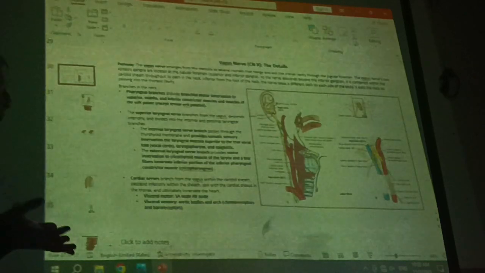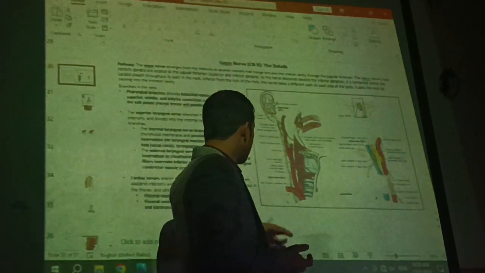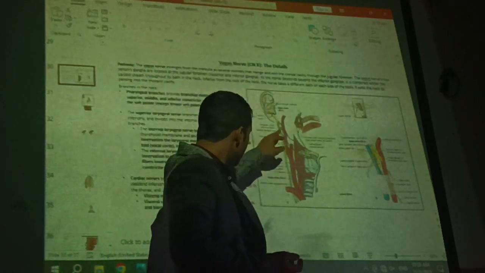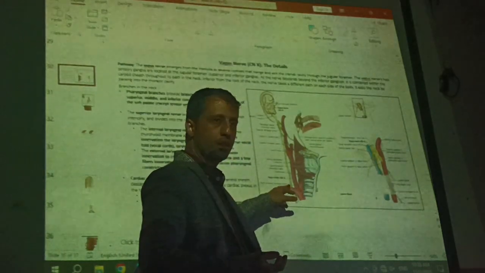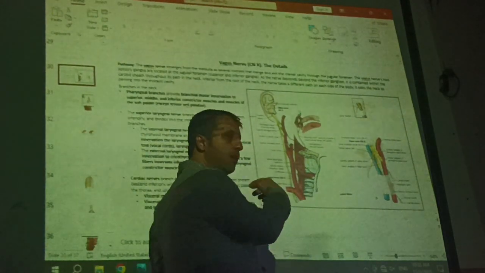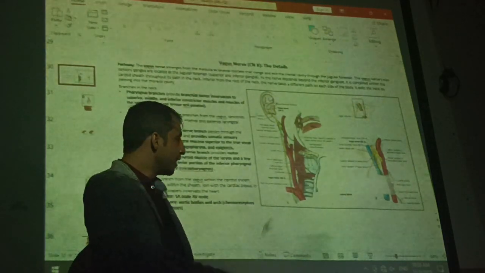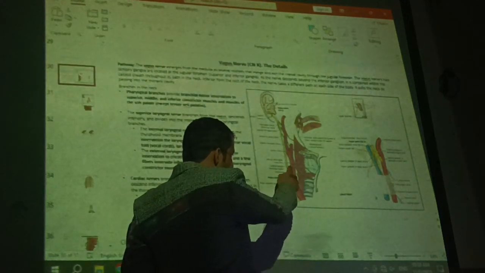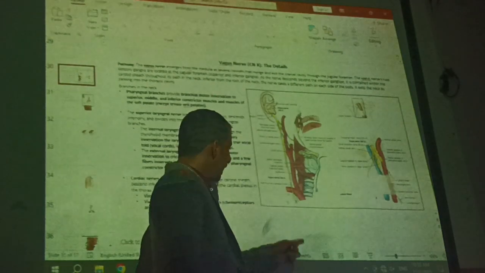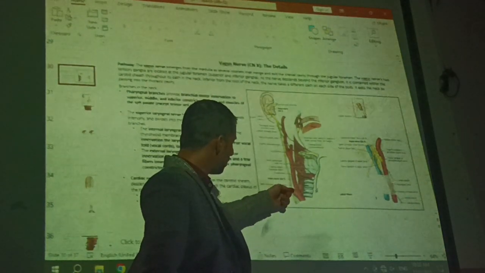In the right side, the recurrent laryngeal nerve, also named the inferior laryngeal nerve. In the right side, as you can see, when the vagus nerve arrives at the level of the right subclavian artery, this nerve is derived from the vagus nerve and runs around this artery.